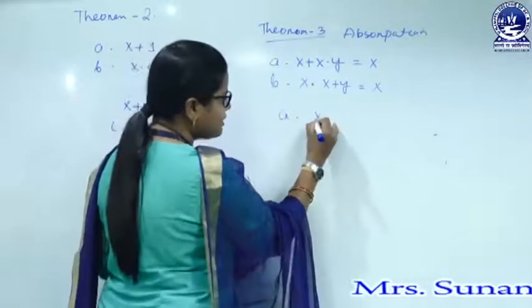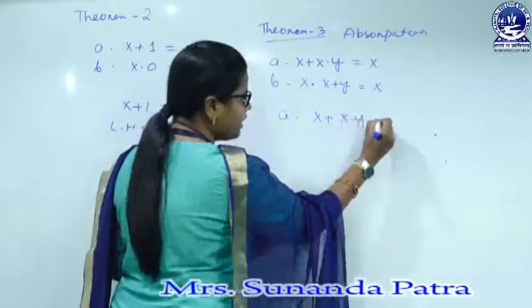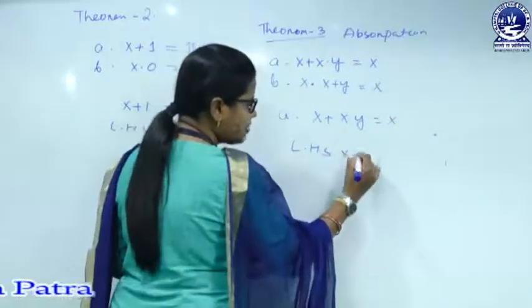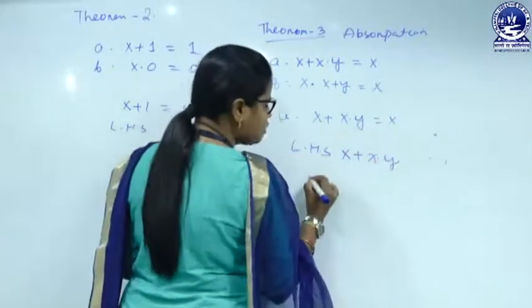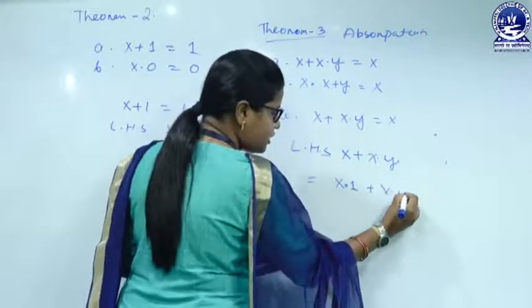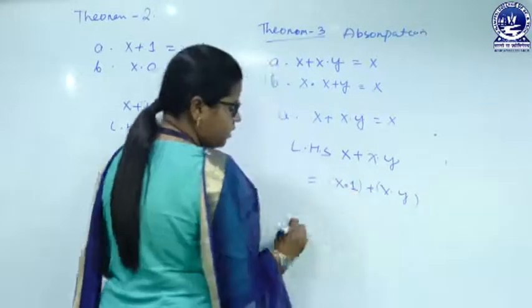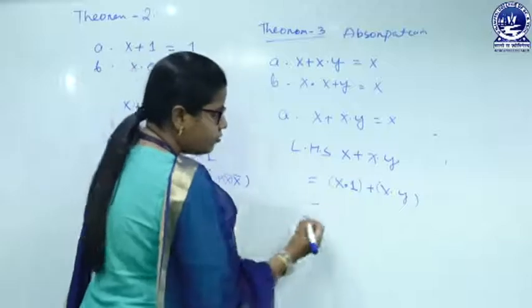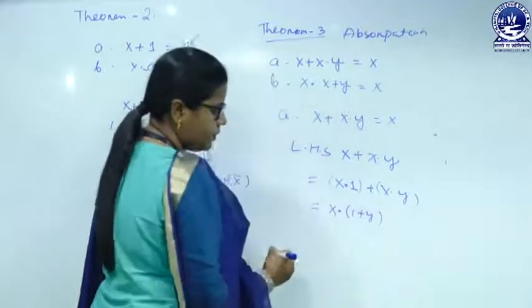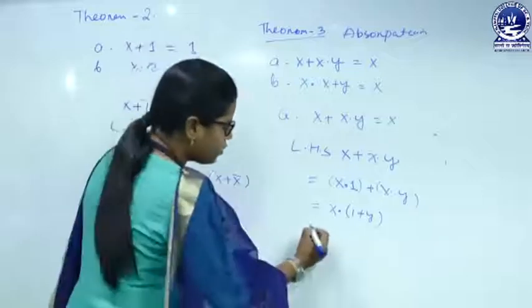The first one says x plus x dot y equals x. So taking the LHS here, x plus x dot y, I can write here x into 1 plus x into y. So by the distributive law, x dot 1 plus y. So 1 plus y is equal to what?